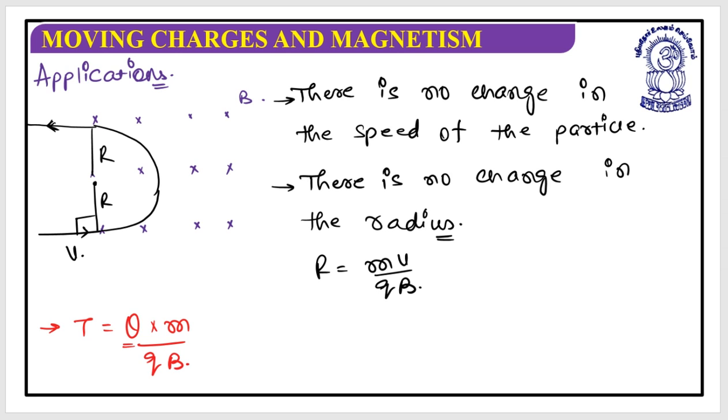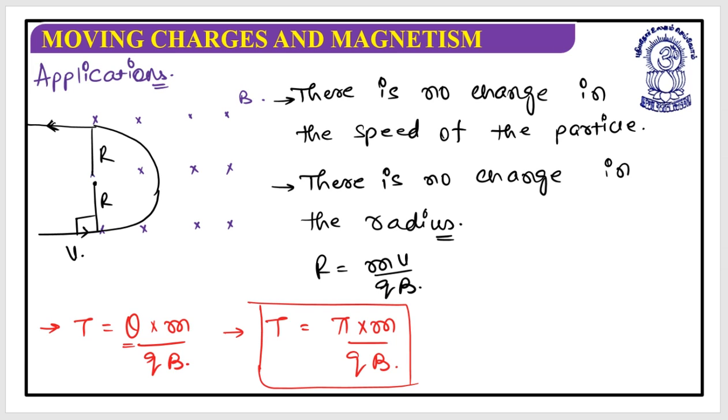Theta was the angle for which your particle is within the magnetic field. Here the particle is within the magnetic field for pi, 180 degrees, we can say. So the time period would be equal to pi multiplied by m divided by qB. This is the time period of the charged particle.